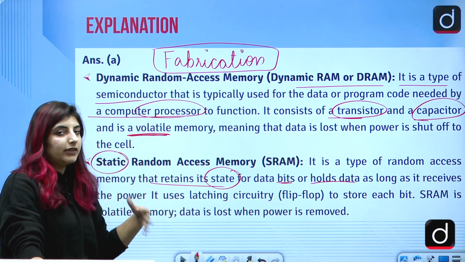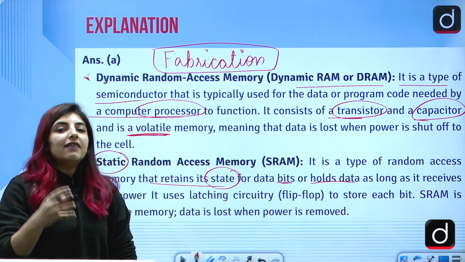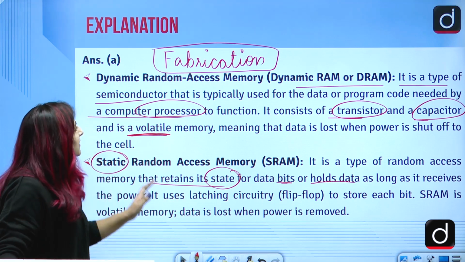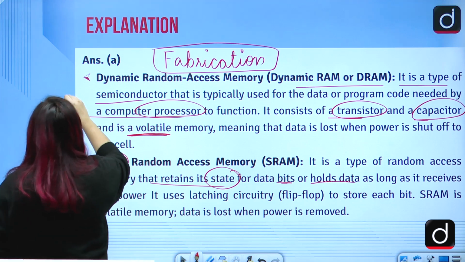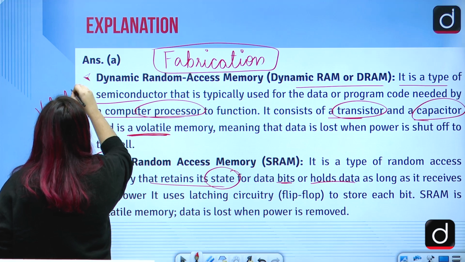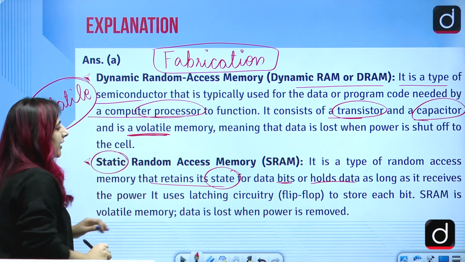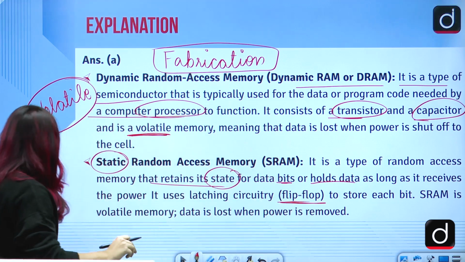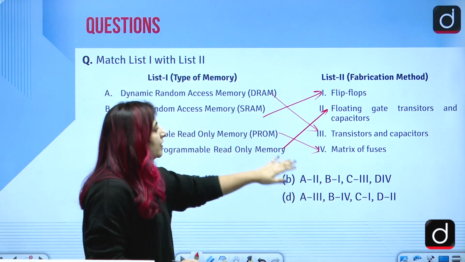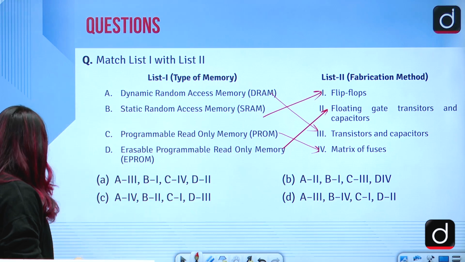Because both of them are RAM memories, they have a volatile state, correct, which means that they are temporary in nature. The circuit used here is the flip-flop, and in the question we have matched SRAM with the flip-flops only, correct?